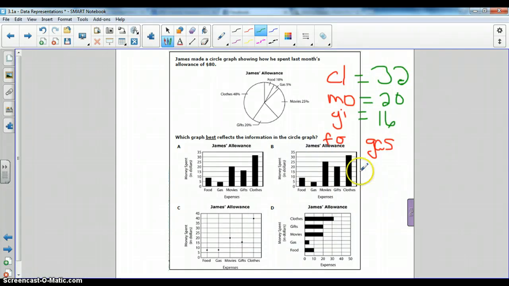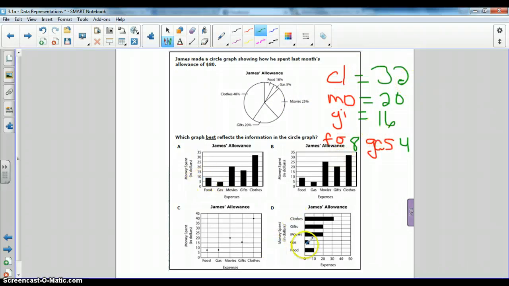On food, he spent 8. And on gas, he would have spent 4. So I just took $80 times 40%, got 32. $80 times 25%, got 20. So this is how much he spent.